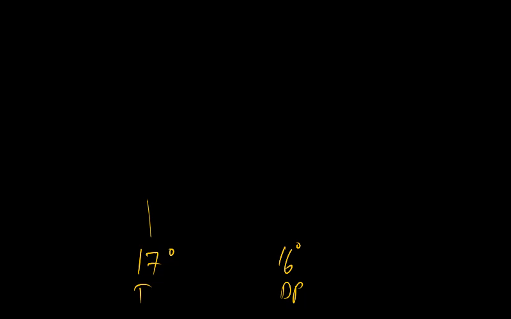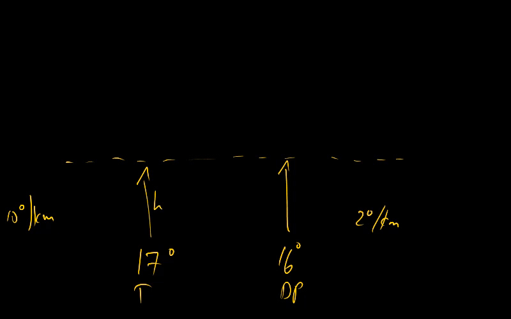Okay, and we're lifting up, and initially at least we are going to be cooling at 10 degrees every kilometer for the dry rate, and the dew point's going to drop by 2 degrees every kilometer. But at some point, at some change in height h, these two temperatures, the temperature and the dew point, are going to be equal to each other.